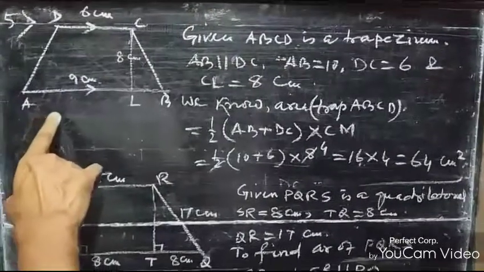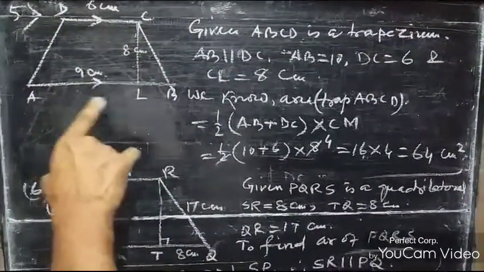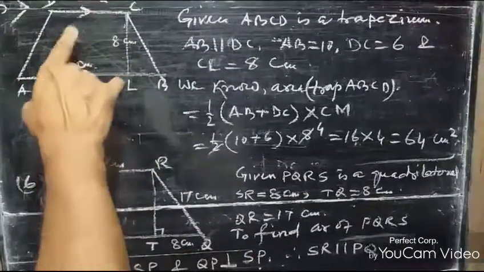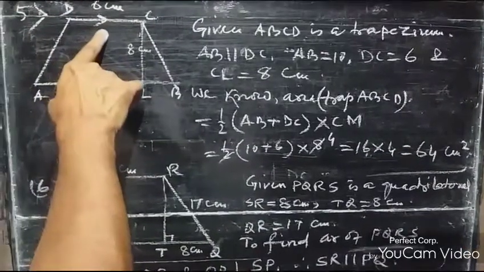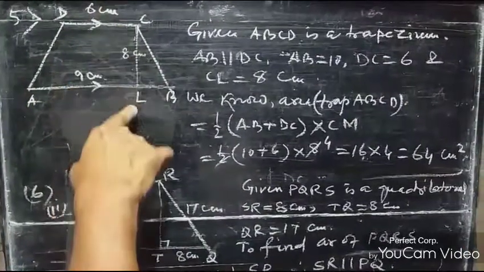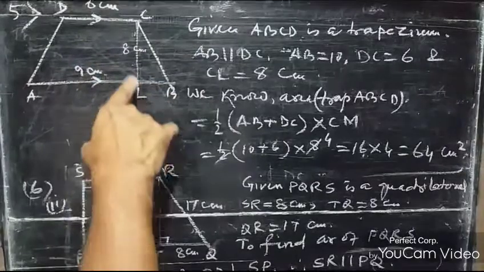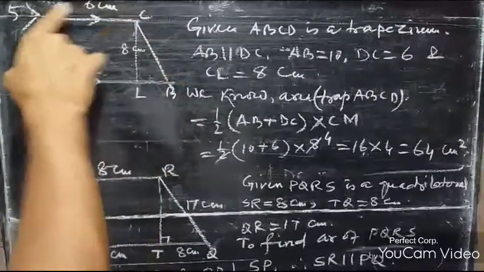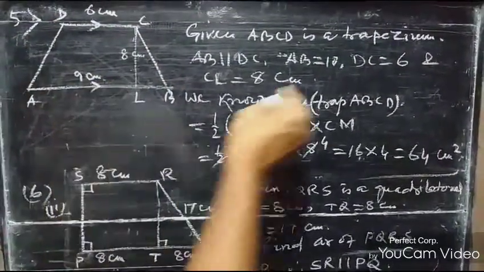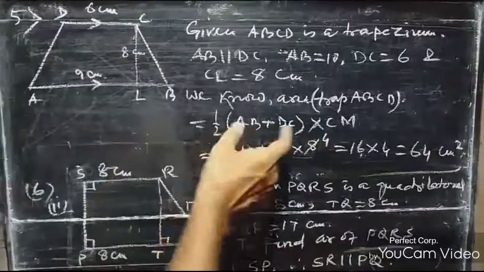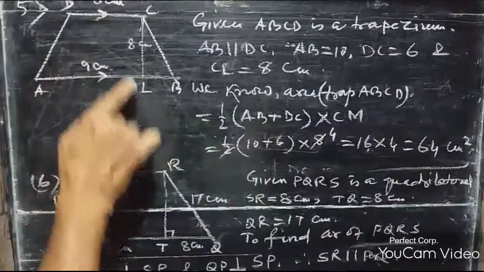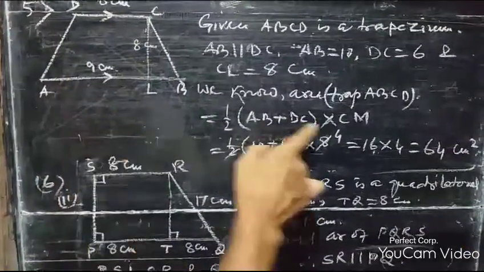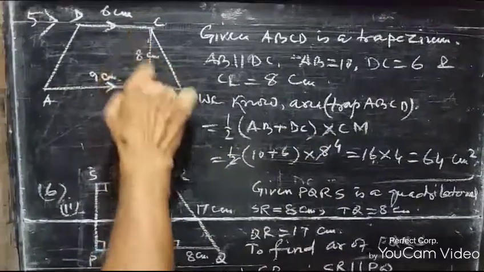Next, we have to find the area of a trapezium whose parallel sides are given 9 cm and 6 cm, and the distance between these two sides is 8 cm. ABCD is a trapezium. We know the area of the trapezium equals half into the sum of these two parallel lines into the height between them.